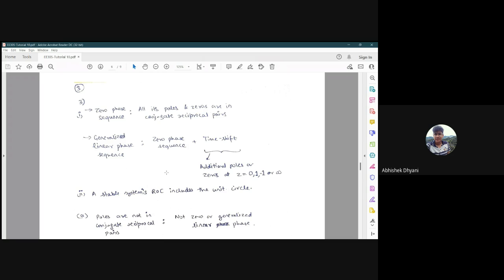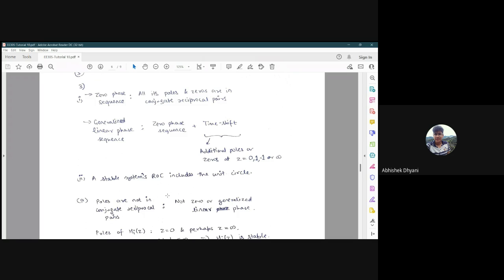And we also have to prove the stability of the inverse, and we know that for a stable system, the region of convergence must include the unit circle. So for the first case, the poles are not in conjugate reciprocal pairs, because we had a complex conjugate pair, but corresponding to that there was no reciprocal pair, right?